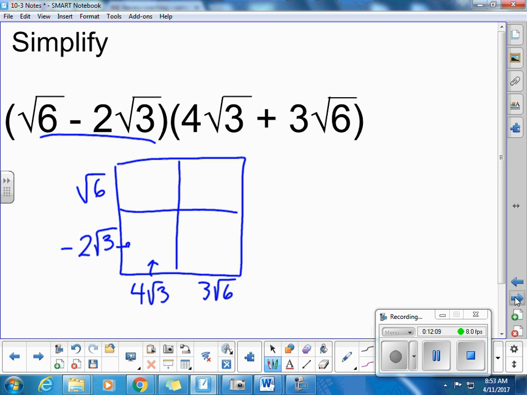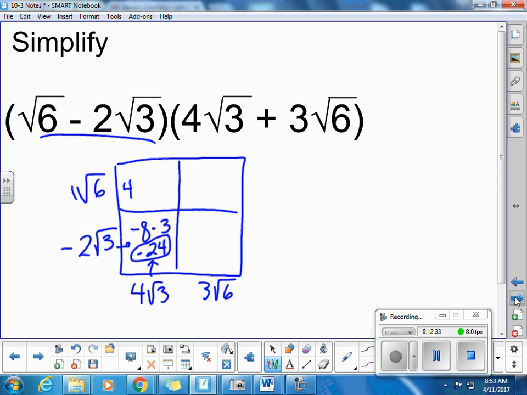So negative 2 times 4, which is negative 8. Square root of 3 times square root of 3 is 3. So in this box is negative 24. Negative 8 times 3. The top left box, I have 4 times 4 square root of 3 times square root of 6. So that would be 4 times 1, which is 4.